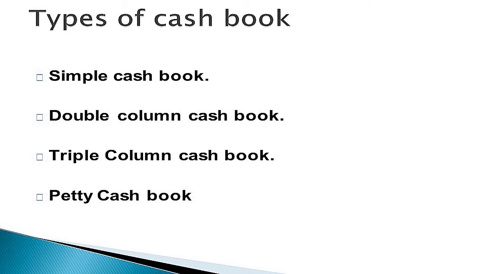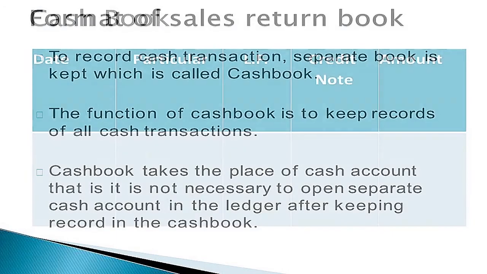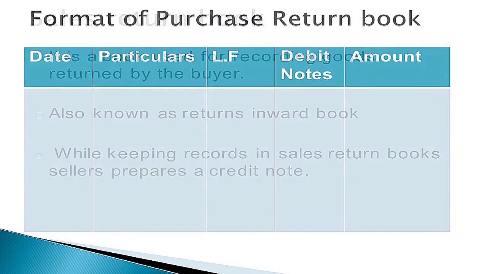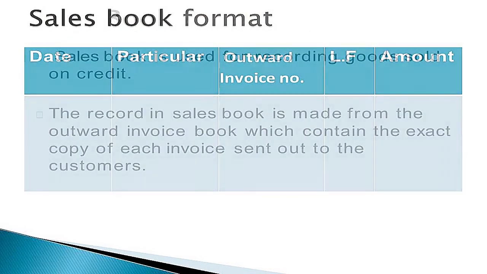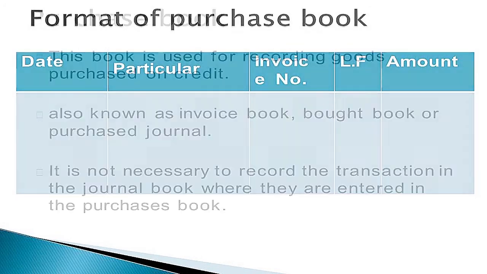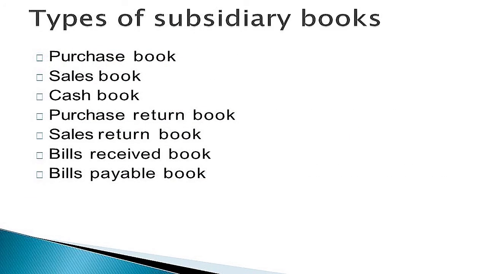Okay, so how many subsidiary books are there? One is a purchase book, another one is sales book, purchase returns, sales returns, bills receivable, bills payable, journal proper. Cash book also. Purchase book, sales book, purchase return book, sales return book, bills receivable book, bills payable book, cash book, as well as journal proper.